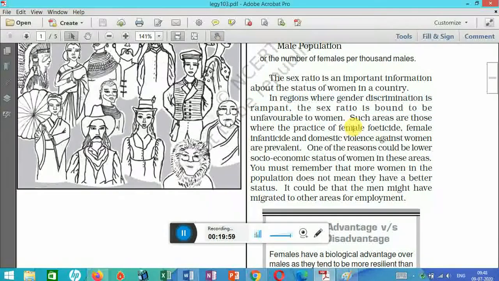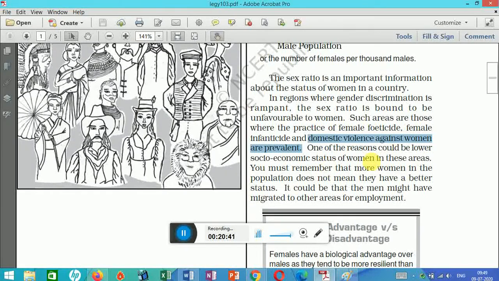So in the countries where there is discrimination against the females, we have the practice of female feticide, that is killing of the child, the fetus, inside the mother's womb. Then female infanticide, killing of the female infant after the birth. Then domestic violence against women. So in these countries such practices are there, and that is why the sex ratio is negative, unfavorable.